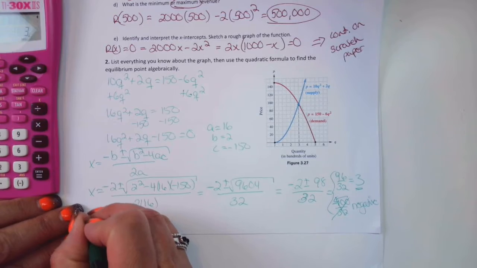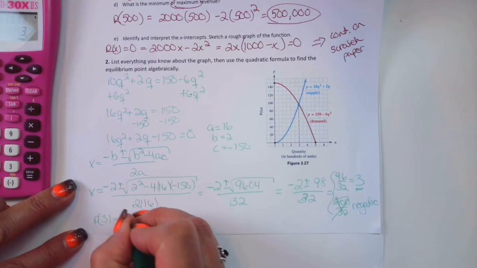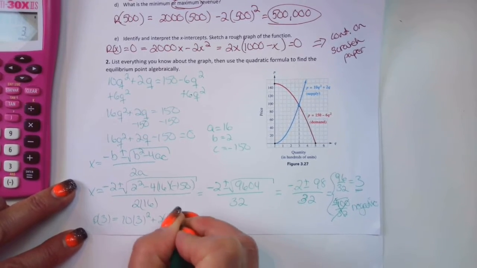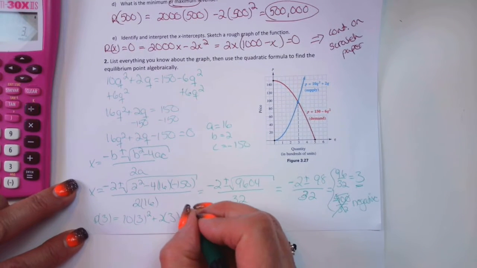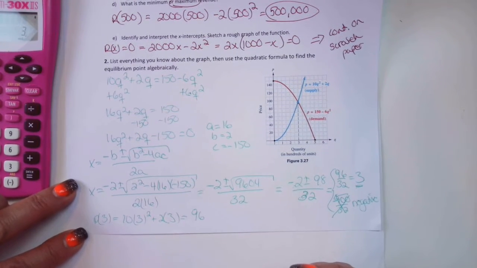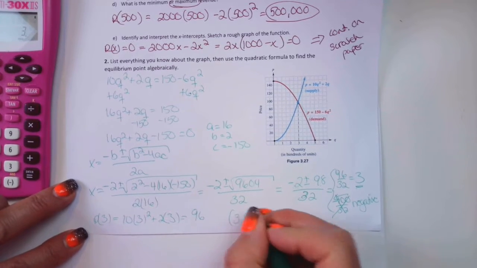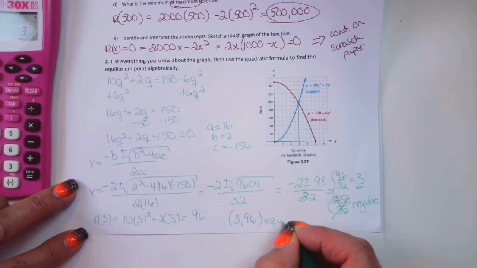So P of 3, I'm going to plug it in the supply, which is 10 times 3 squared plus 2 times 3. 3 squared is 9 times 10 is 90 plus 2 times 3 is 6. So we get 96. So it's 3 and 96. This is the equilibrium point.